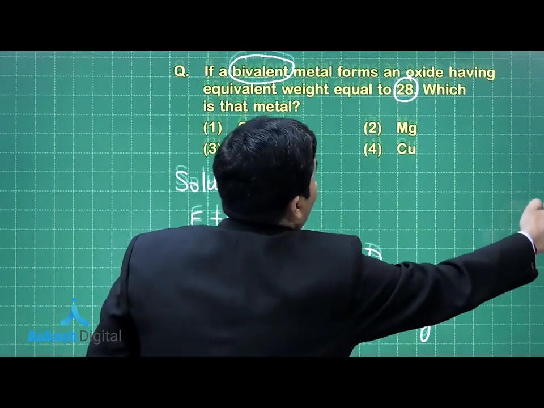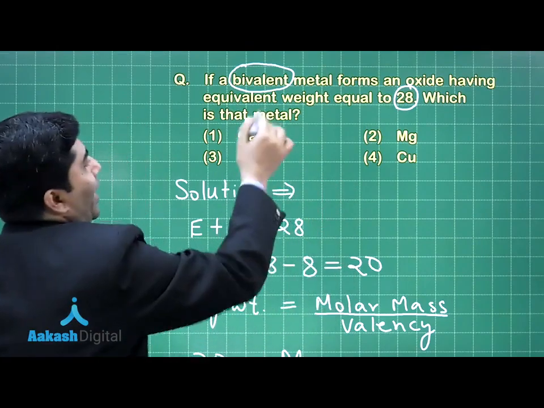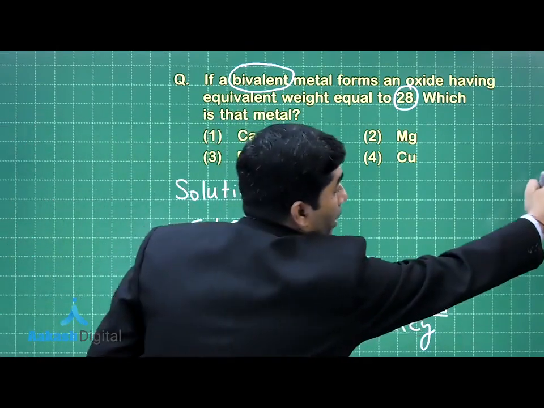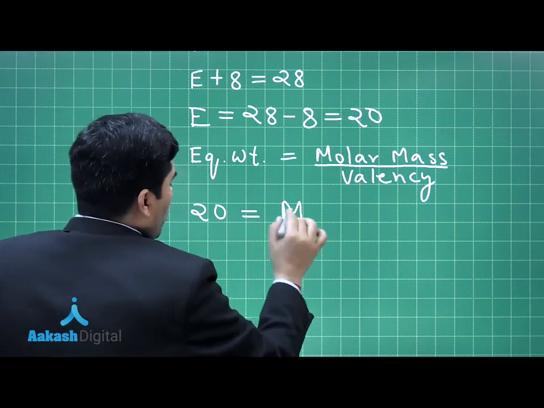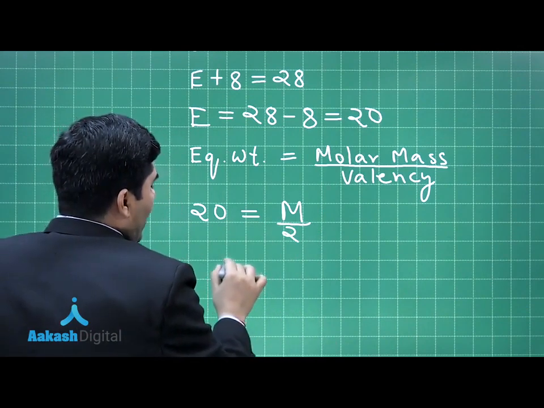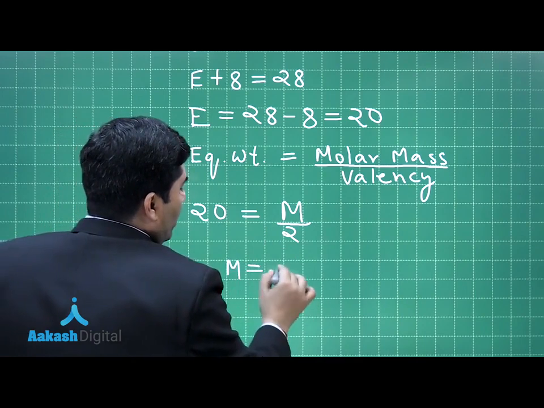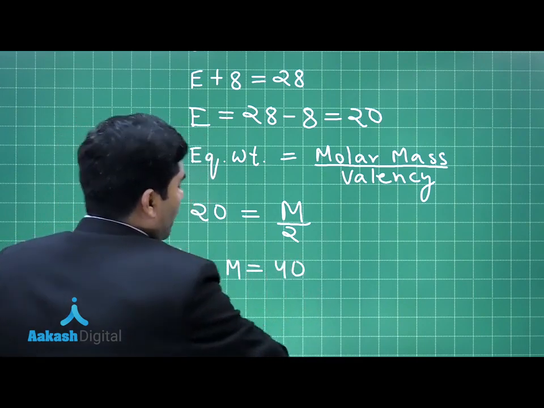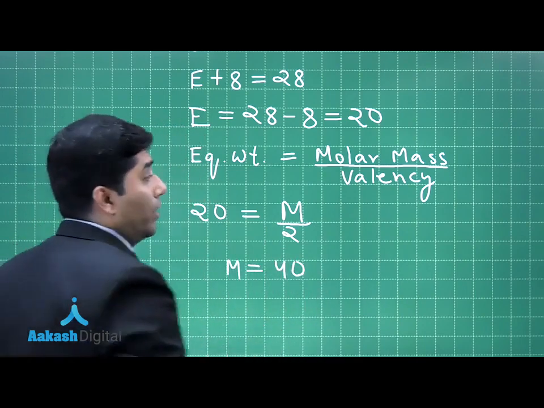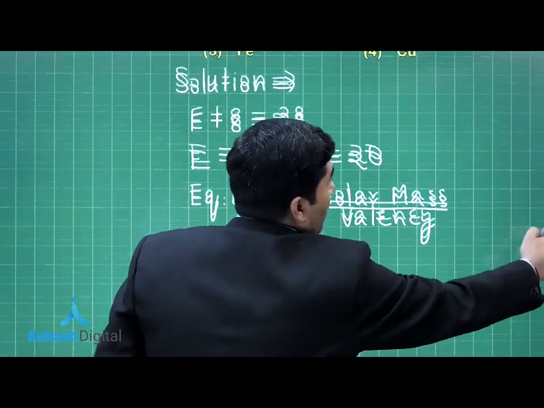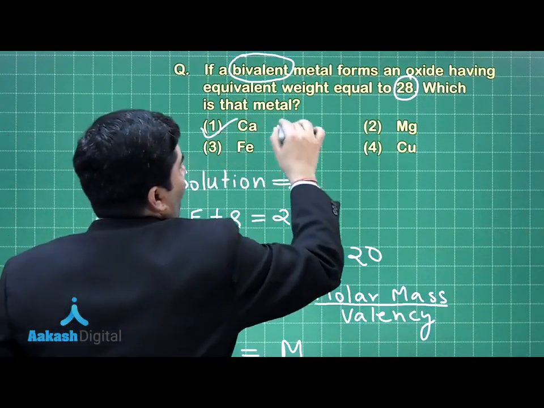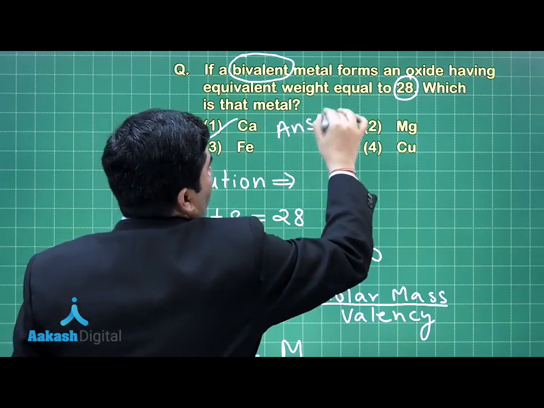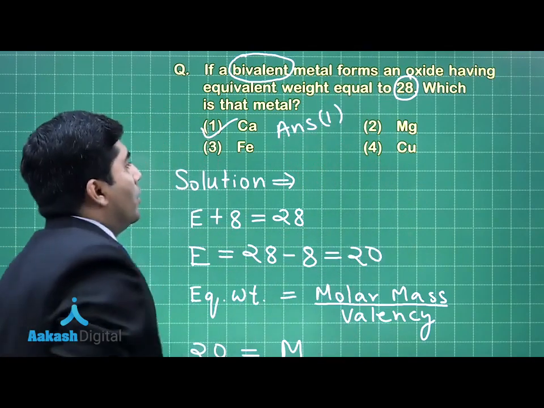You can see clearly in the question it is given, it is a bivalent metal, therefore the valency will be equal to 2. So the molar mass m will be equal to 40, and if the molar mass is 40, that will be calcium. So our answer will be the first option.